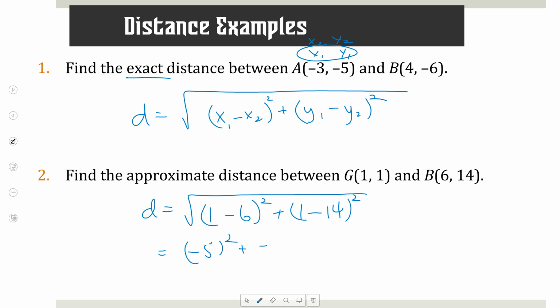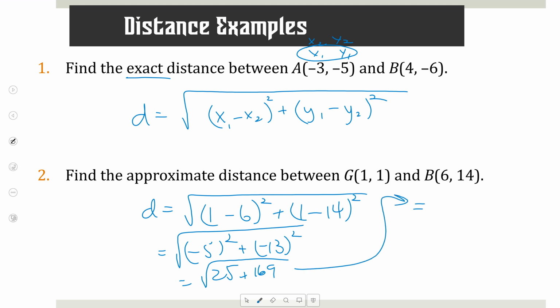That's -5 squared plus -13 squared, which equals 25 plus 169, which equals the square root of 194, which is approximately what? Square root of 14? No, that's 196. 13.9.